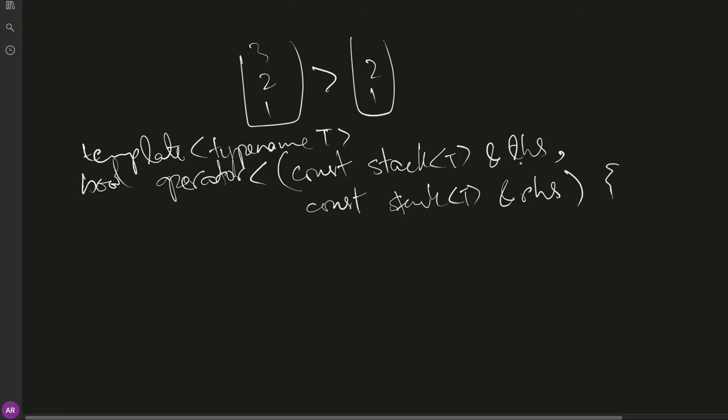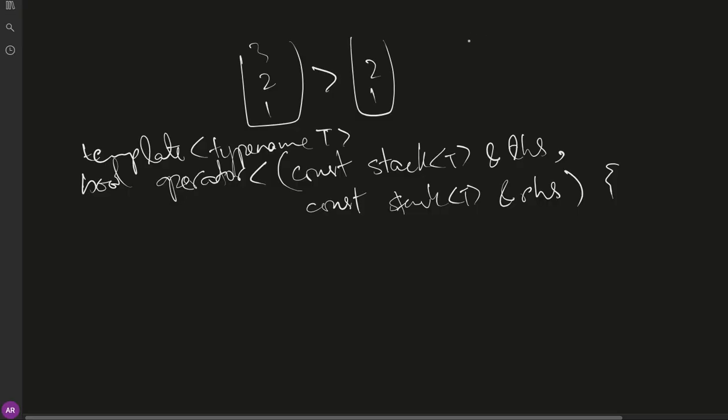Now we need to compare left hand side with right hand side, right? So it really depends how we are implementing the stack. If we are using another container like list or vector, we can simply call their less than function, right? But if we are implementing our own stack, using our own storage, then it really depends what kind of storage we are using.